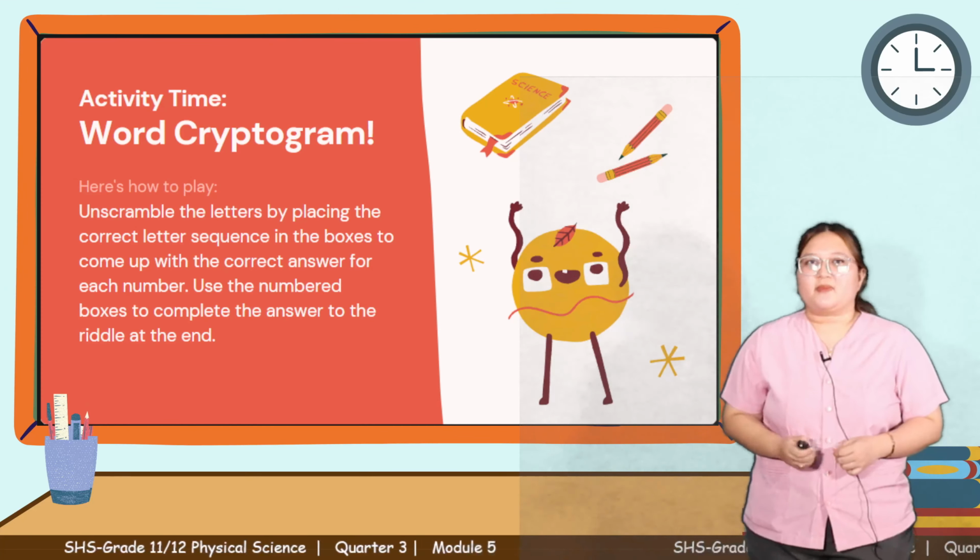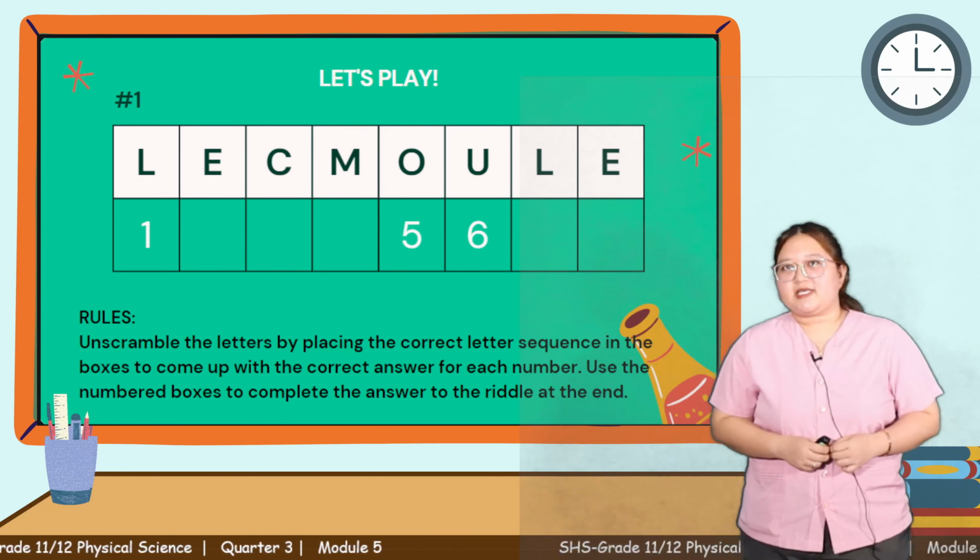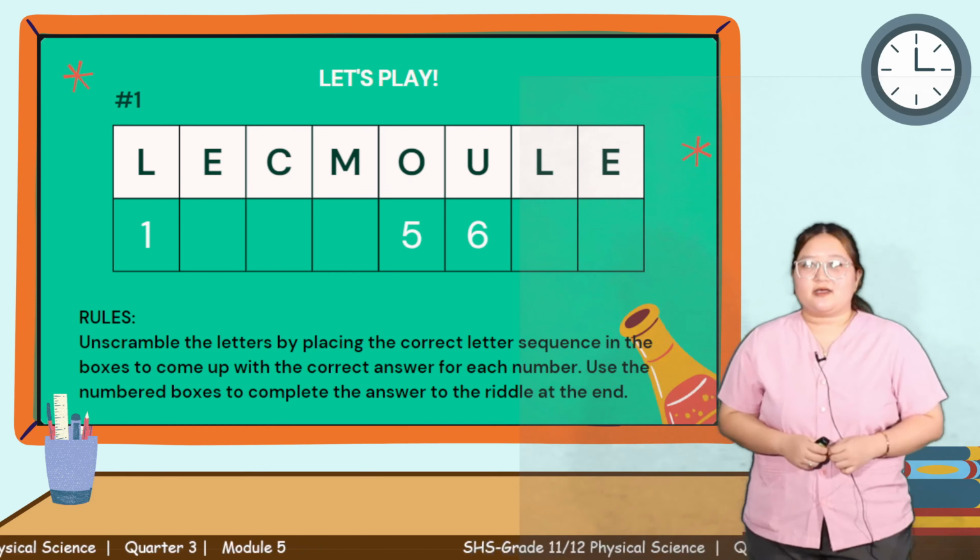Let's start. Number 1, we're looking at an 8-letter word. I know you know the answer to this, and you're right. This is molecule. Can you say something about molecule? What is a molecule? That's right. So it is an electrically neutral group of 2 or more atoms held together by chemical bonds.